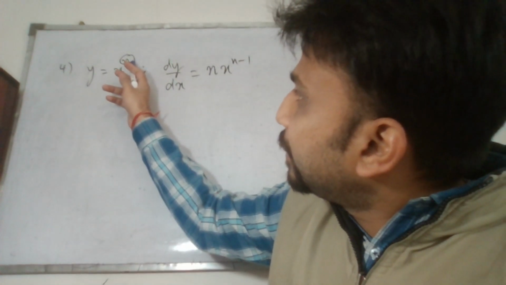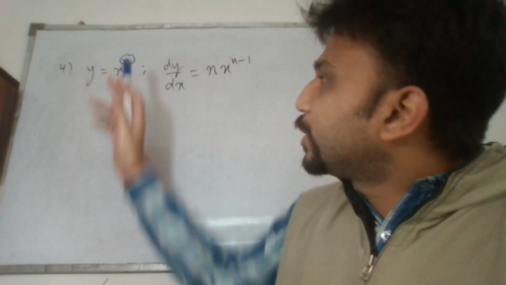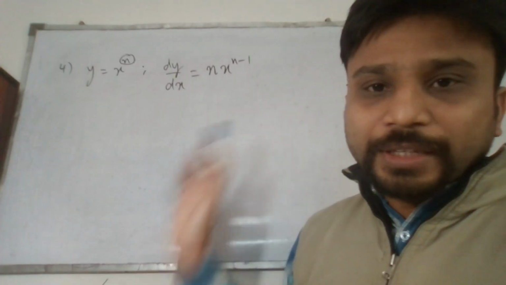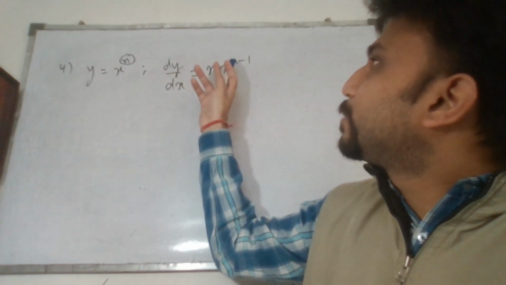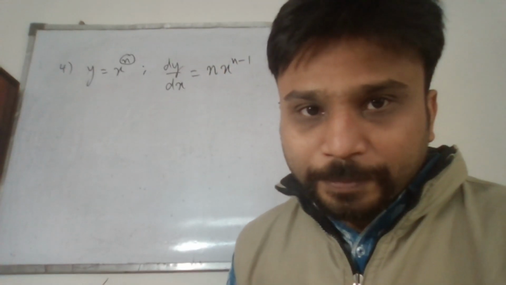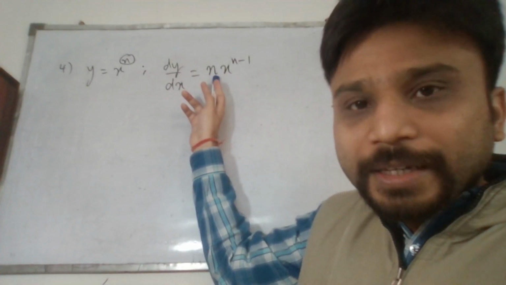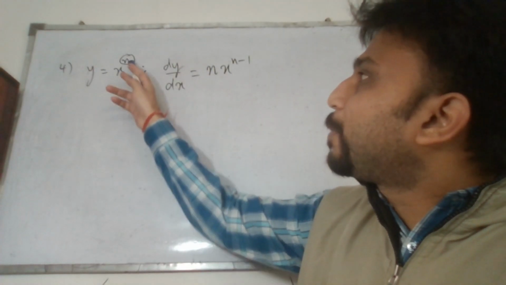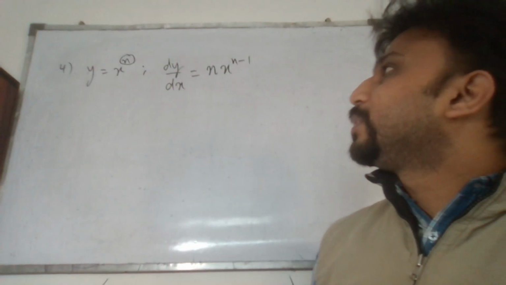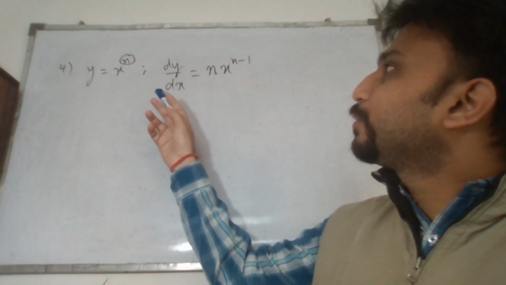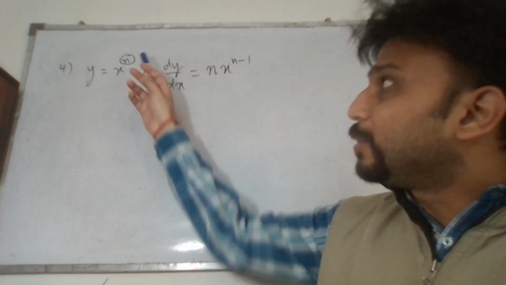This n comes as the coefficient of whatever thing we are having, and the power of x reduces by 1. So n came to the side in the coefficient, and my power n became n minus 1. This is what the differentiation of y with respect to x is when y is equal to x to the power n.